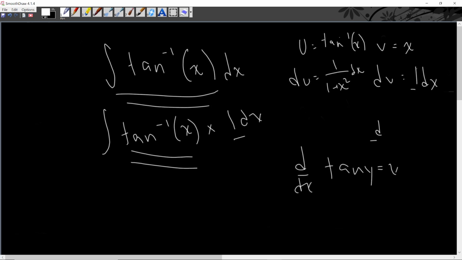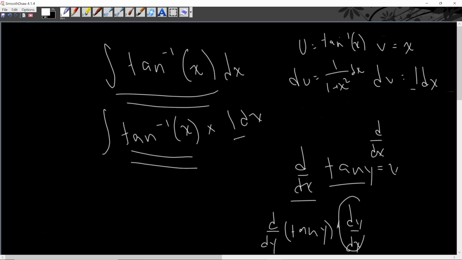Let's put d dx up there. And now from here, this is a function of y that you have to differentiate with respect to x. So you're going to have to do d dy of tan y times dy dx. I've actually talked about implicit differentiation in a separate video, and I explained why this needs to be out here.